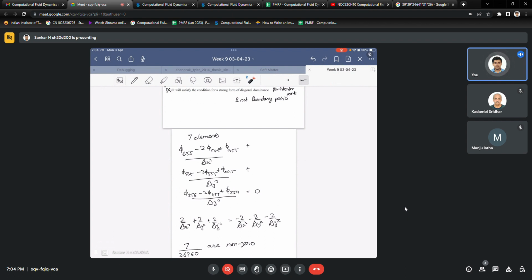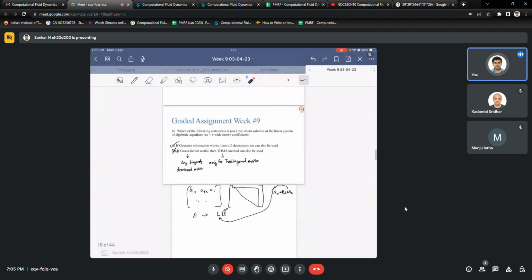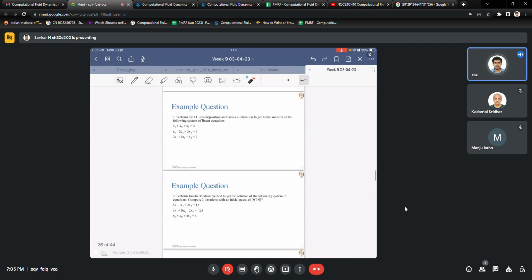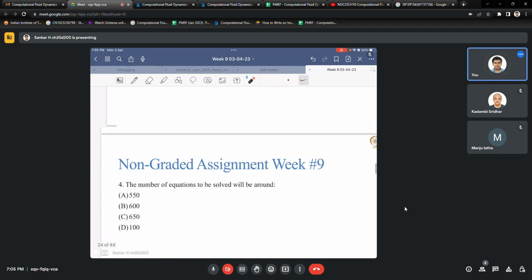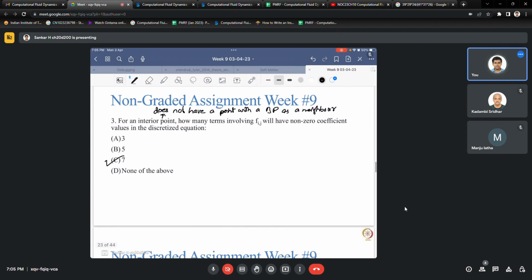If it's an interior point, all of these will be unknowns, and therefore an interior point will have the number of non-zero coefficients to be 7, as can be seen here.